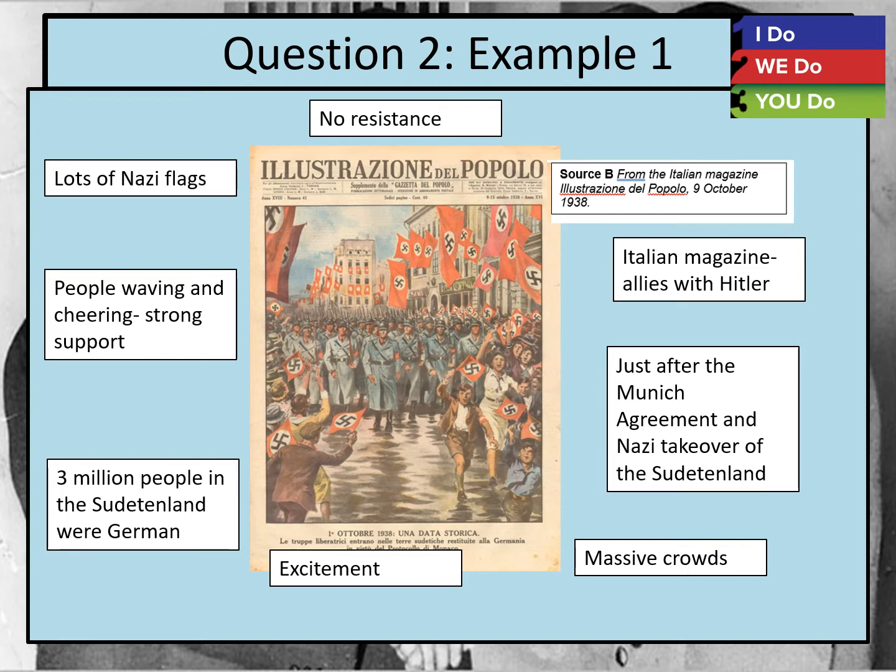Remember when we looked at Austria and the taking over of Austria? Well, 99.75% of the population eventually voted for that takeover. I know there was propaganda involved and some threats, but there is also a lack of resistance in the Sudetenland as well. So it seemed like a silly thing for Britain to go to war over.